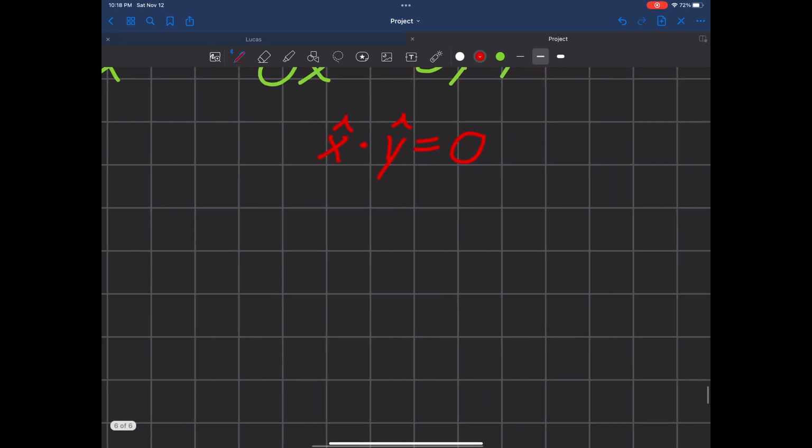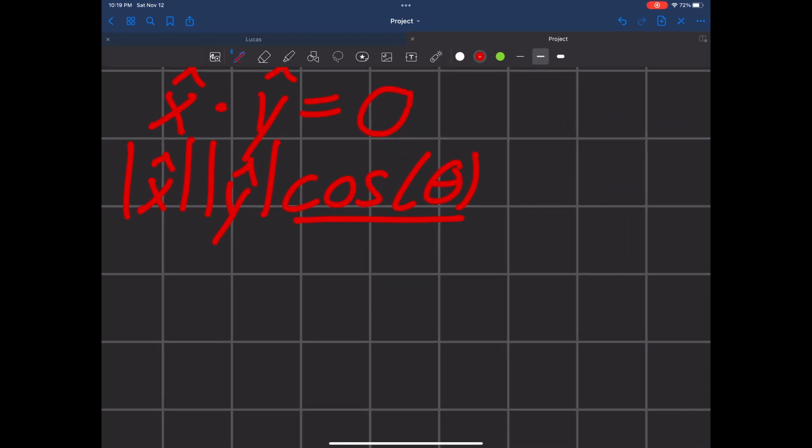Another way to think about this, if that's a little confusing, is that you have the magnitude of x hat, which is 1 because it's a unit vector, times the magnitude of y hat, which is 1, times cosine theta. That's what you do when you're doing the dot product. You can also represent it with trig as cosine theta.